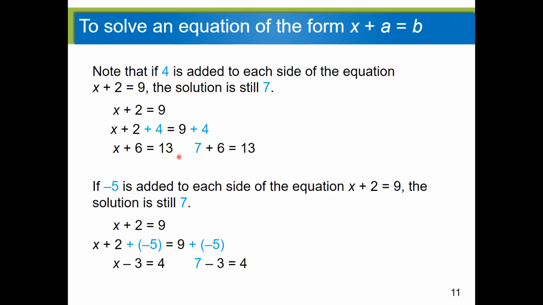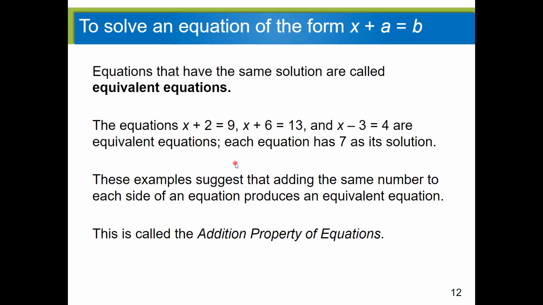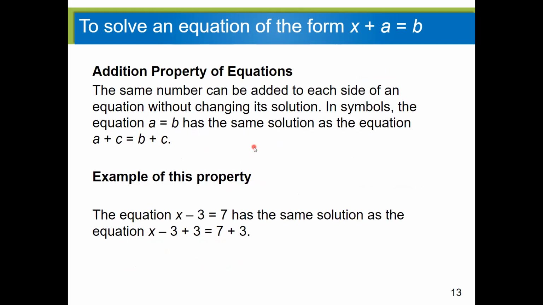That's the key factor to solving variable equations: as long as you do the same thing to both sides, you can do whatever you want. That's what this calls the addition property of equations. Whatever you do to one side, do to the other side, and you're safe.